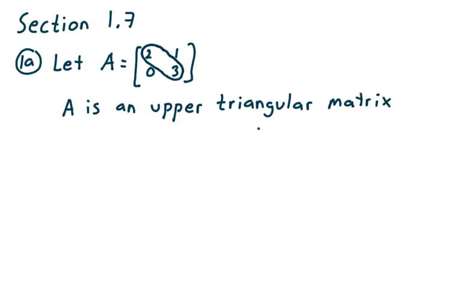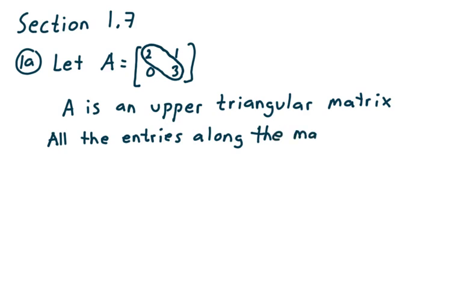Now, all the entries, and I mean all the entries, along the main diagonal are non-zero, right?